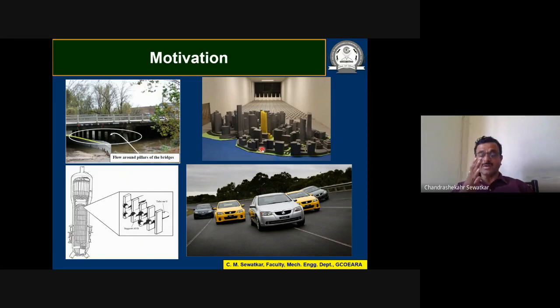So you can imagine the significance of an adjoining body. So if you have a building here, an independent building will experience a certain amount of drag, a certain amount of force, wind load. But the moment there is an adjoining building very close, the wind load will increase maybe by tenfold or so. So that's the significance. That's the motivation why we should understand flow around multiple bodies.